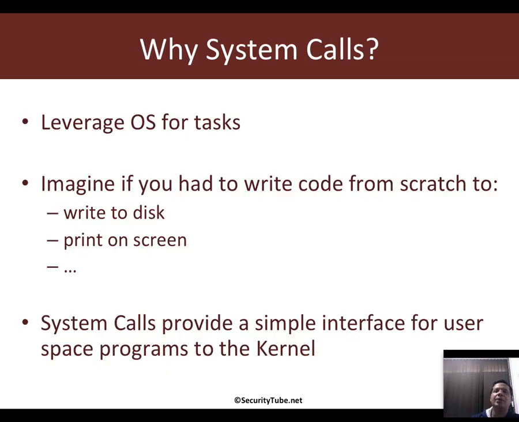Instead, you would like to leverage the operating system for more complicated tasks, for example writing to disk, printing on screen, interfacing with certain devices and things like that, where writing code from scratch could be very, very cumbersome, right? This is where system calls come in. System calls provide a very simple interface for user space programs to request the kernel to do complicated tasks for them.